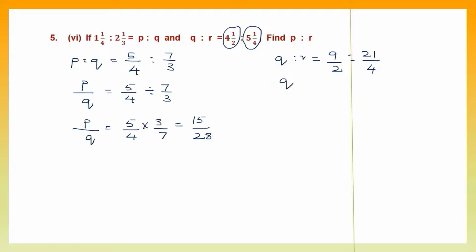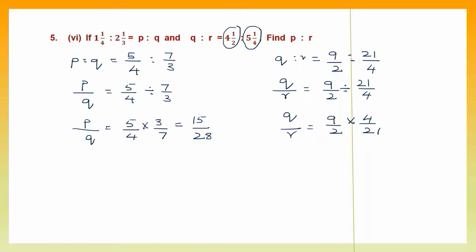Write it as a fraction. Q by R equals 9 by 2 divided by 21 by 4, which becomes Q by R equals 9 by 2 into 4 by 21.